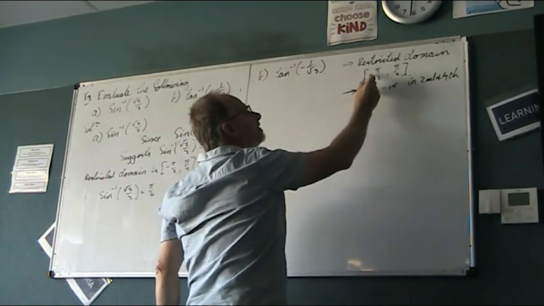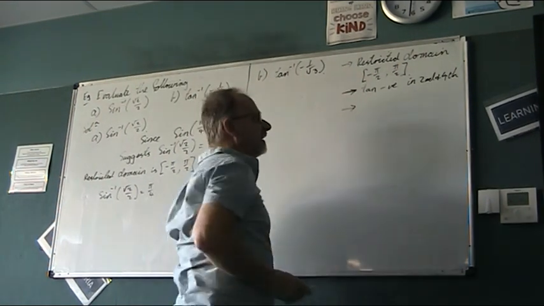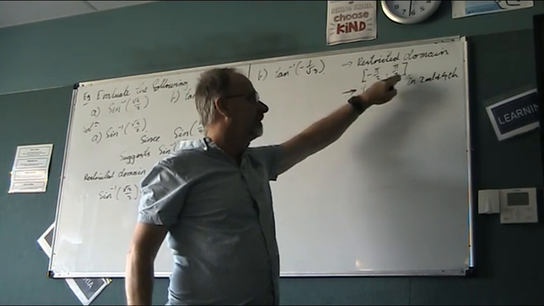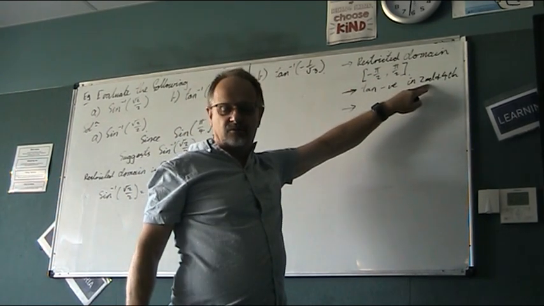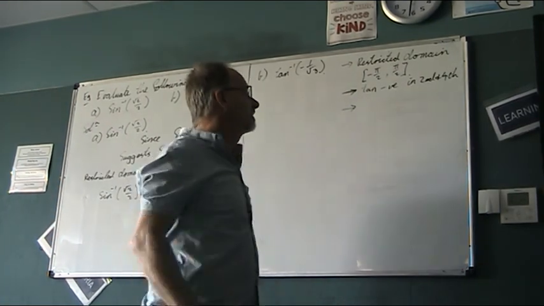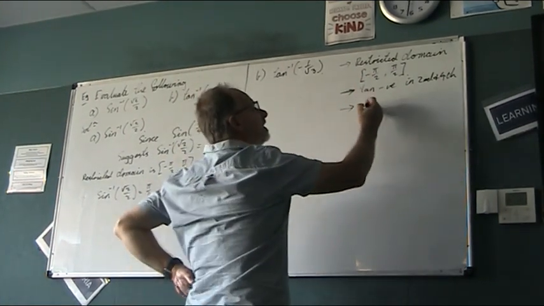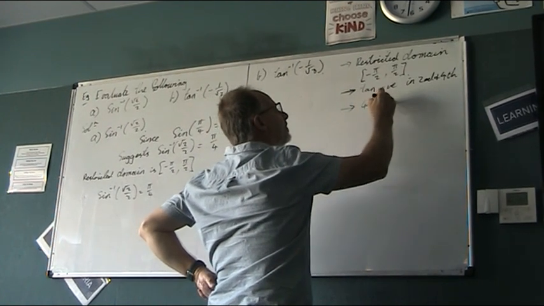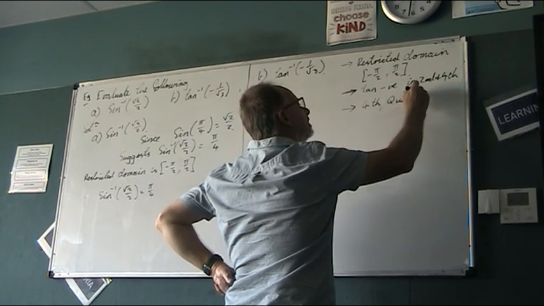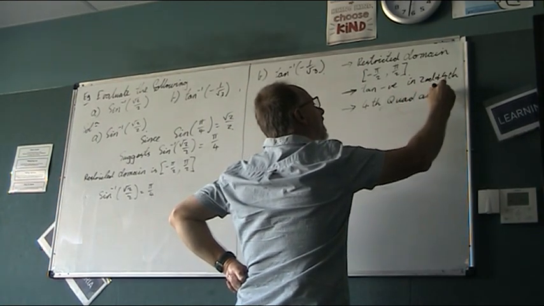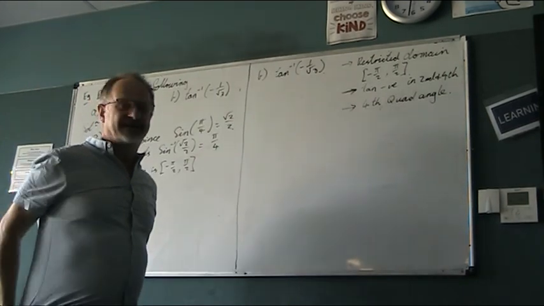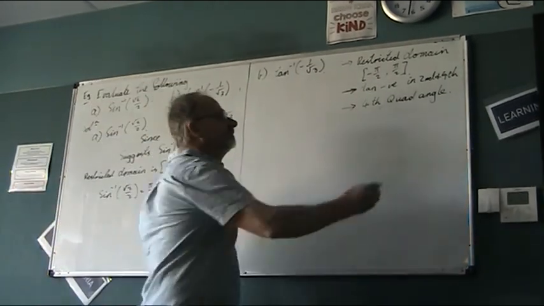Now, because of this restricted domain, negative pi on 2 to pi on 2, the second quadrant's not even included in that. All right, so when I put those two things together, we're looking for a fourth quadrant angle. And the other thing about that fourth quadrant angle is we need to express it in a particular way.